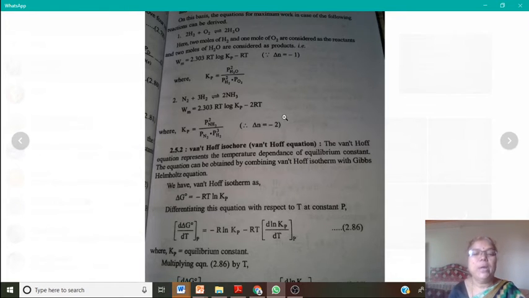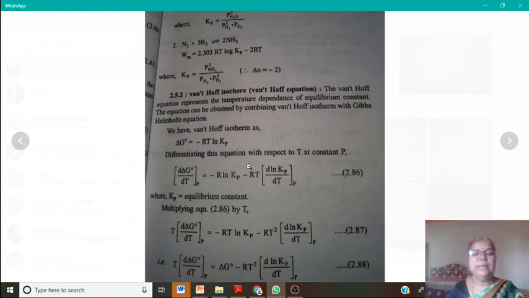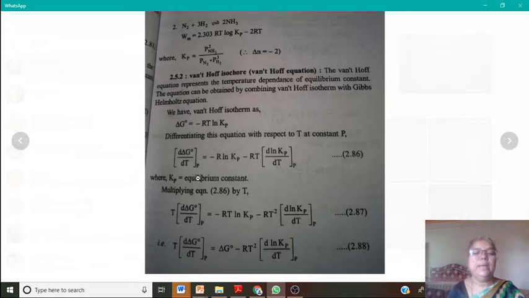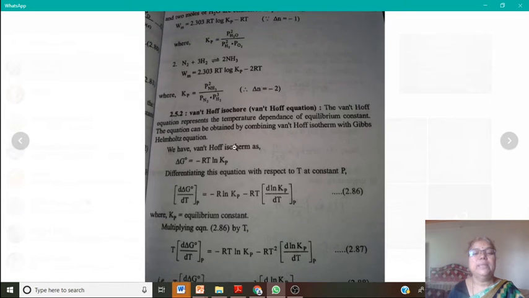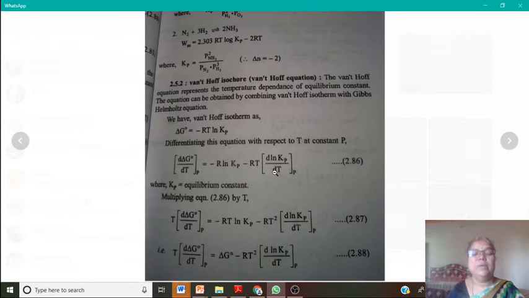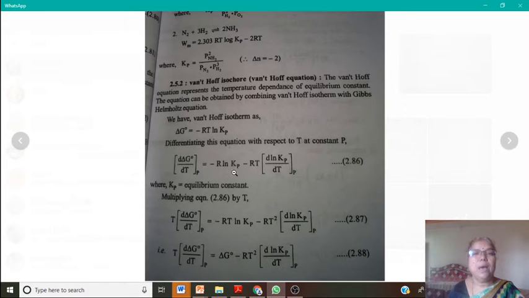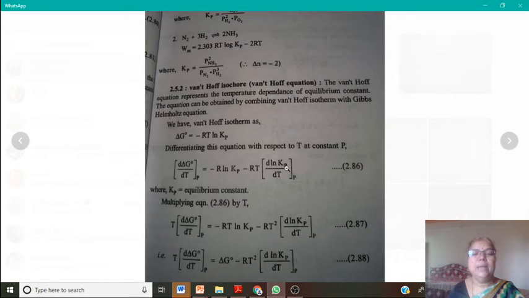Here we have the van't Hoff isotherm as delta G0 equal to minus RT ln Kp, and differentiating this equation with respect to T at constant pressure, we get d of delta G by dT at constant P equal to minus R ln Kp minus RT d ln Kp by dT.